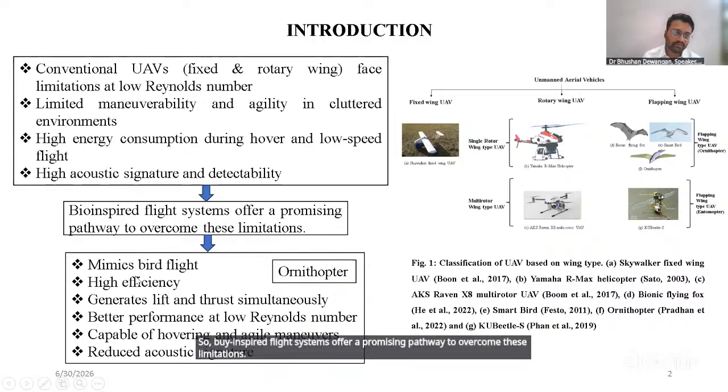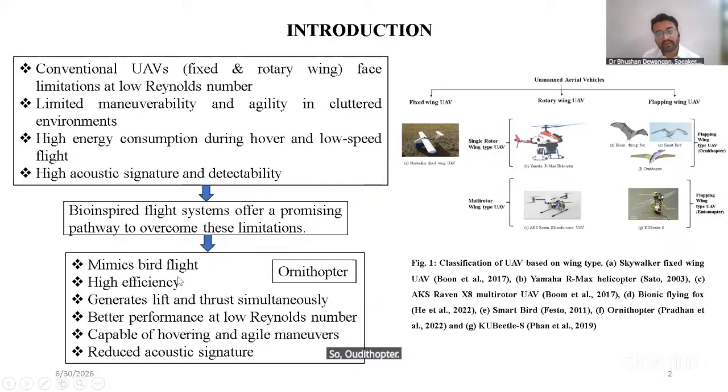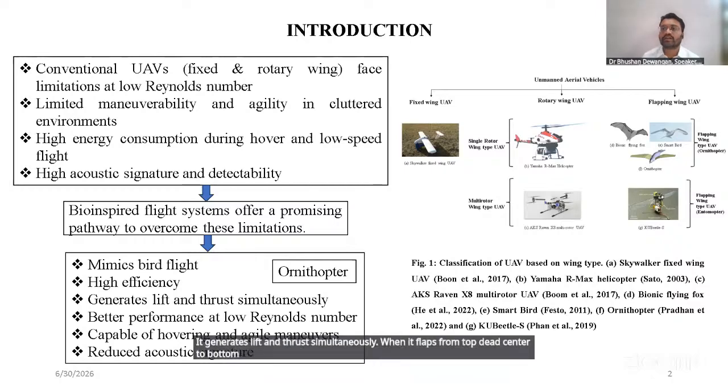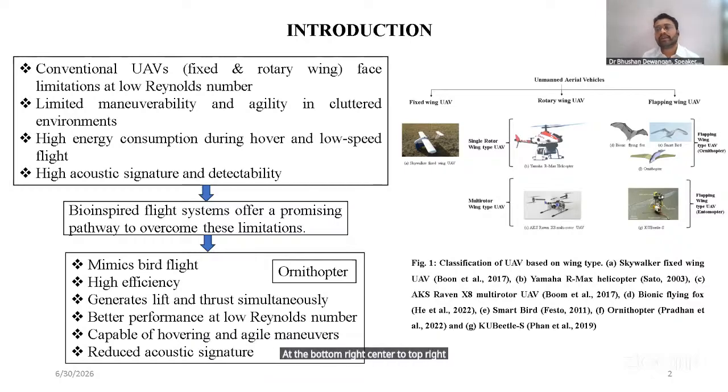The ornithopter mimics bird flight. It is highly efficient. It generates lift and thrust simultaneously when it flaps from top dead center to bottom dead center and back to top dead center, a complete flapping cycle.